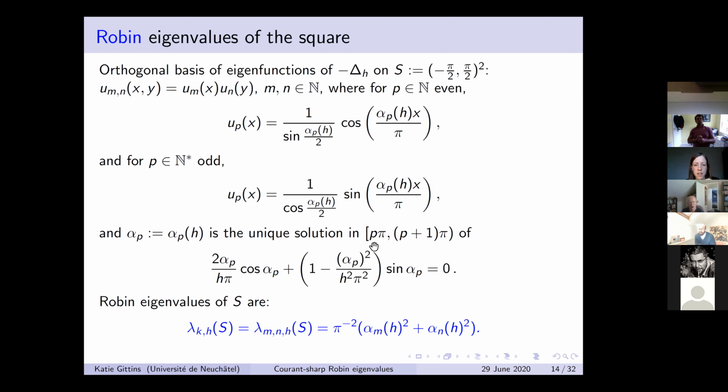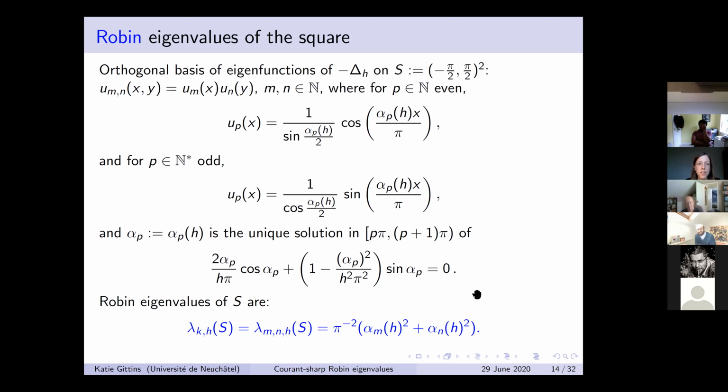And alpha_p is the unique solution in each interval (p pi, (p+1) pi) to the Robin boundary condition. And then the corresponding eigenvalues, rather than, like in the Dirichlet case, being sums of squares of integers, are sums of squares of these alphas divided by pi squared. So we'll have to be careful with the dependence on h, as we would expect.